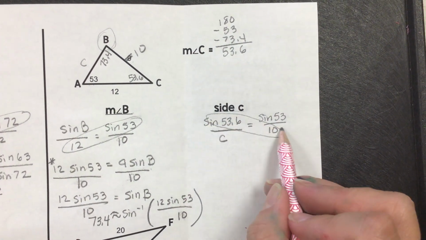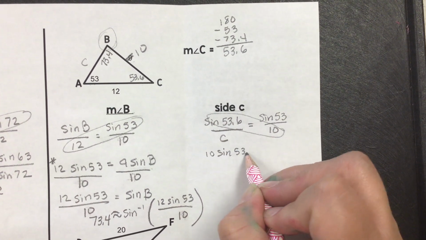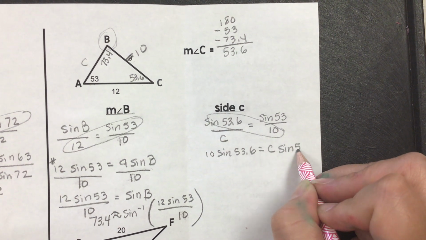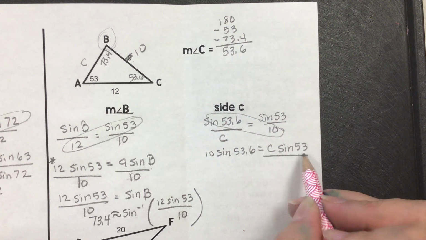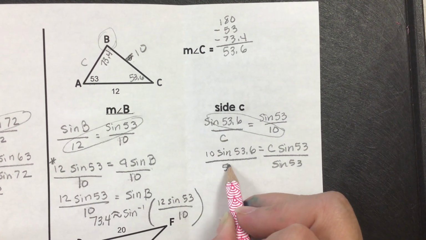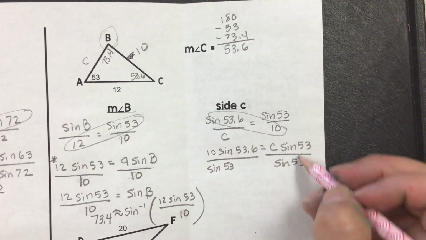Cross multiply. I have 10 sine of 53.6 is equal to C sine of 53. We're going to divide by sine of 53 to both sides. Oops, I keep forgetting the trig function, sine of 53.